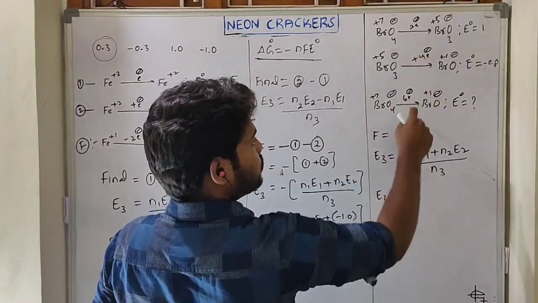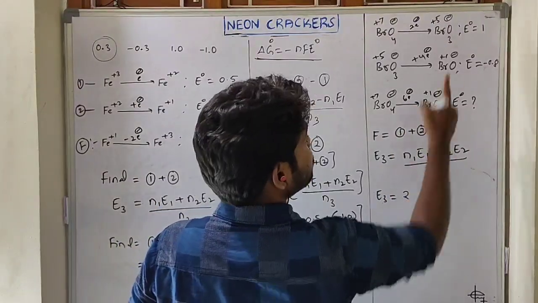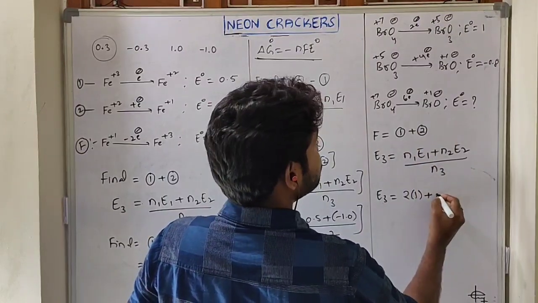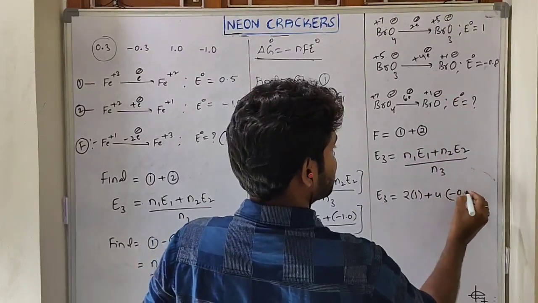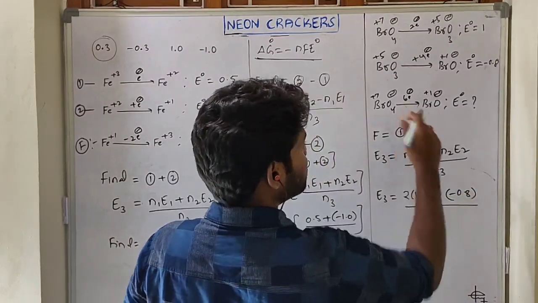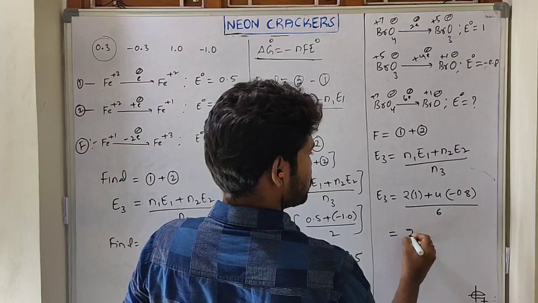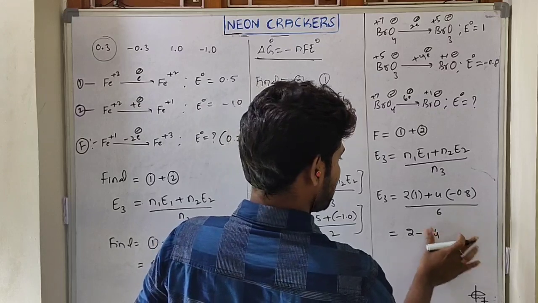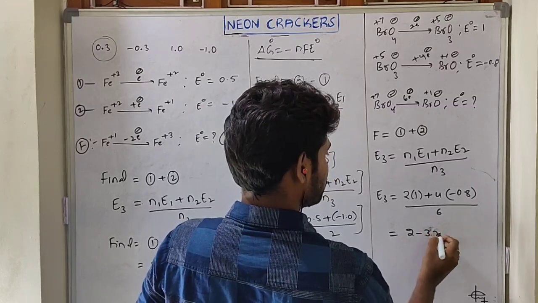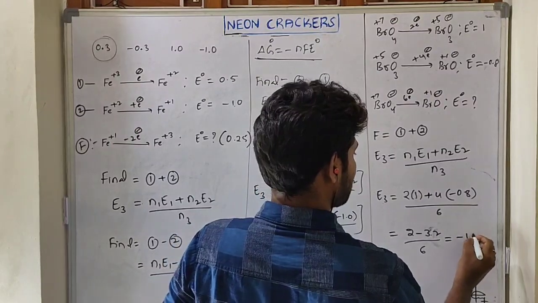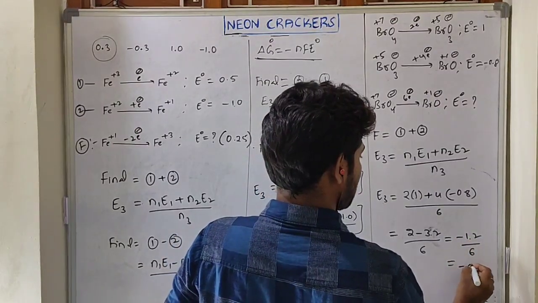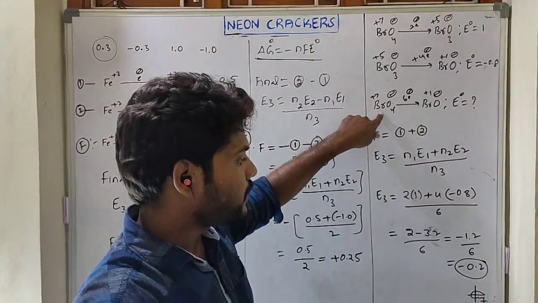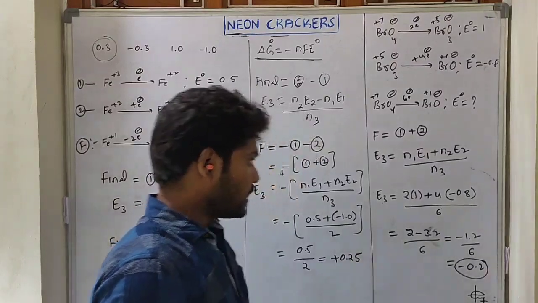So N1 is 2 with E1 equal to 1, plus N2 is 4 with E2 equal to minus 0.8, upon N3, which is 6. Overall, 2 minus 3.2 by 6, so minus 1.2 upon 6, which is minus 0.2. Minus 0.2 is the potential for the desired equation. Like this we have to find.